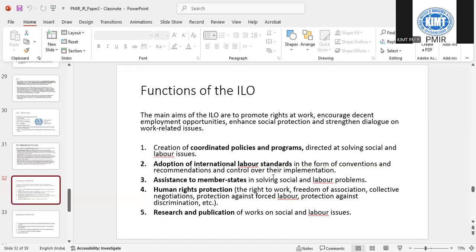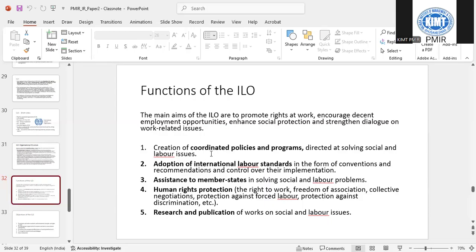Suppose in one country there is a lot of child labor, or women employees have no leave policy, or there are no rules. That kind of thing comes to ILO via the trade unions. We studied one thing, the National Commission of Labour, NCL.